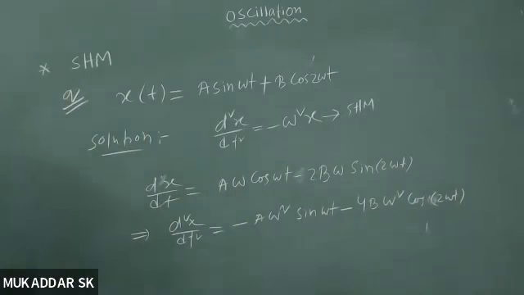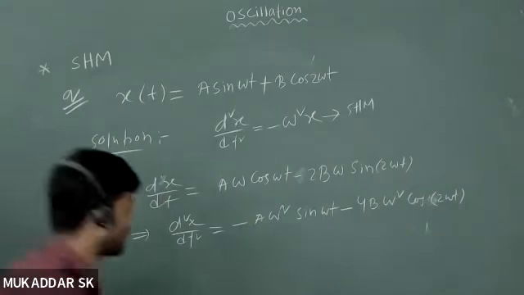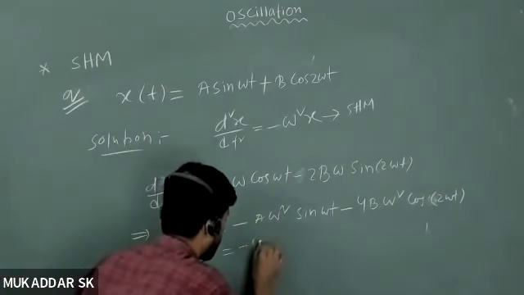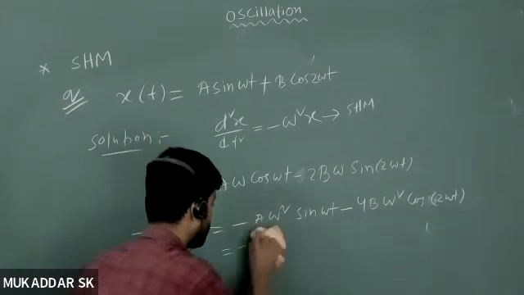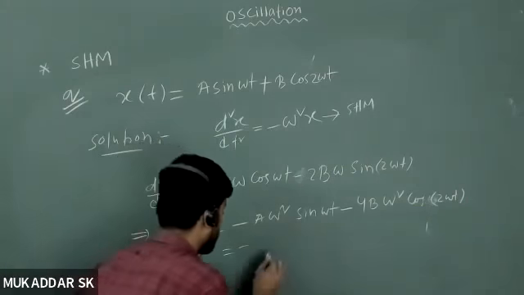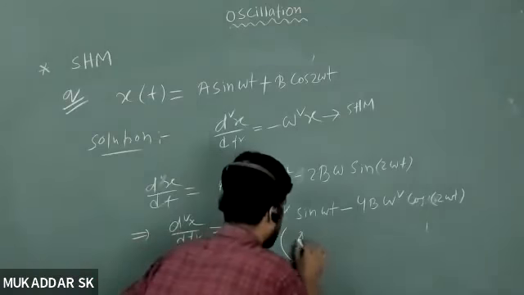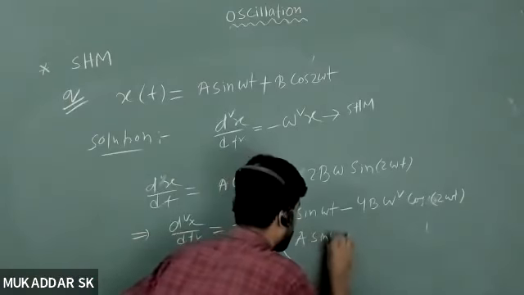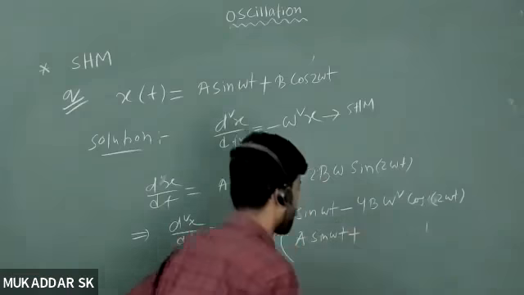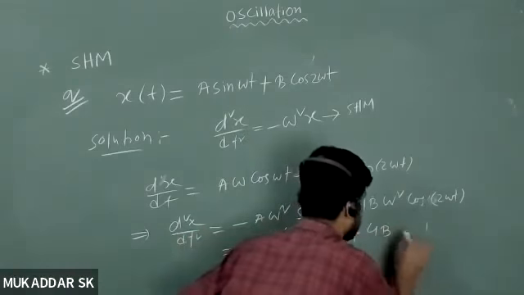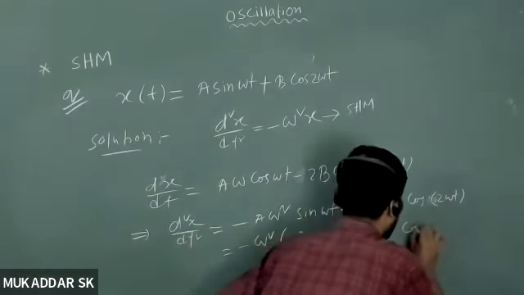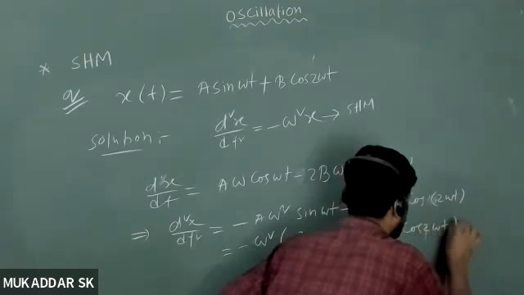If you take minus omega square common, you get a sine of omega t plus 4b cos of twice omega t.